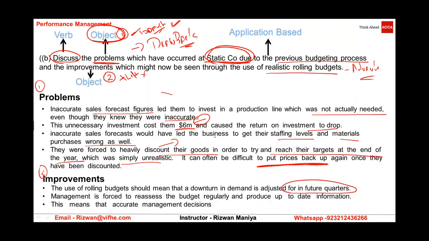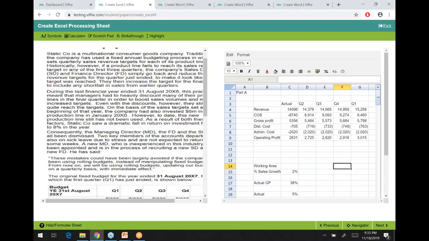See, when we made rolling budgets, we did incorporate the market condition. Everything was based on actual figures. And once you prepared everything on actual figures, this means you are considering the market condition.